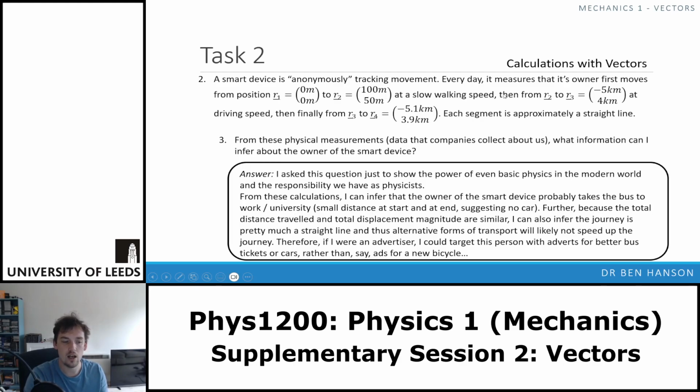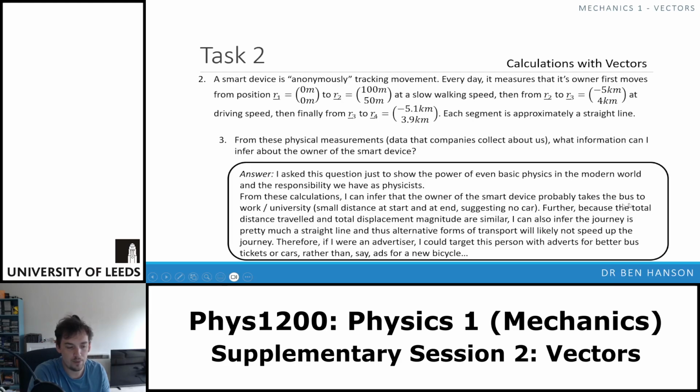And then they go at a driving speed about 5 kilometres, probably going to work, and then there's a little bit of extra on top as they walk from parking to work, right? Or university, whatever. Small distance at the start and at the end, suggesting no car. Because that little distance here is bigger than the distance to most people's car park.